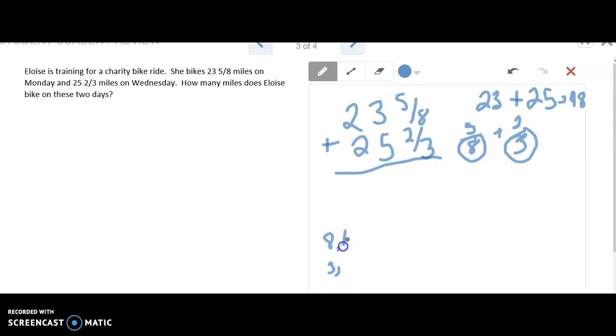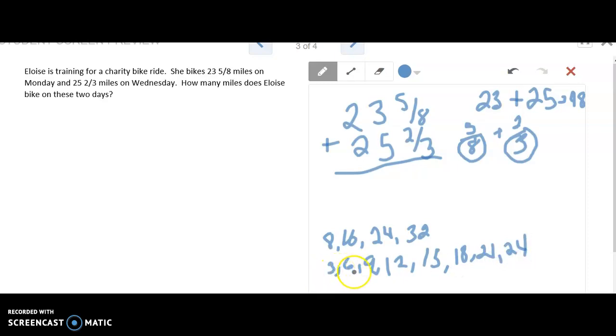So let's see here. 8, 16, 24, 32. And I'm going to stop there and list my facts of 3. 3, 6, 9, 12, 15, 18, 21, 24, and I'm going to stop there.